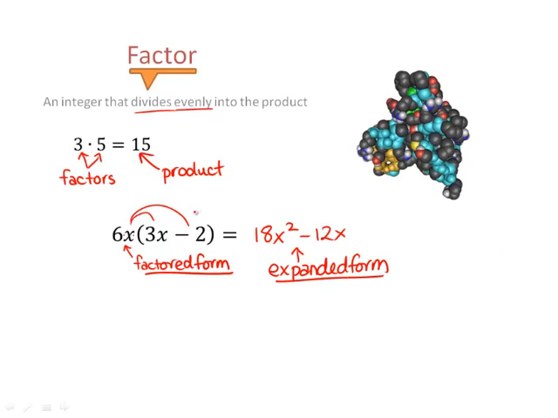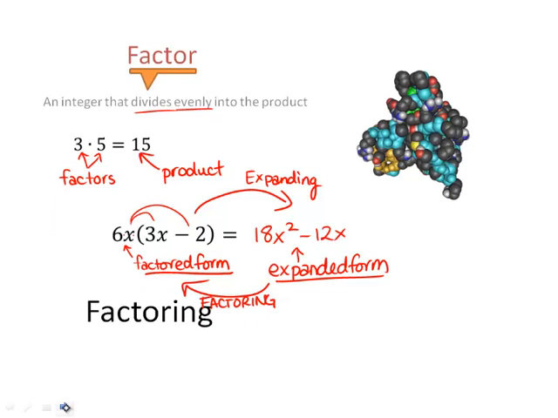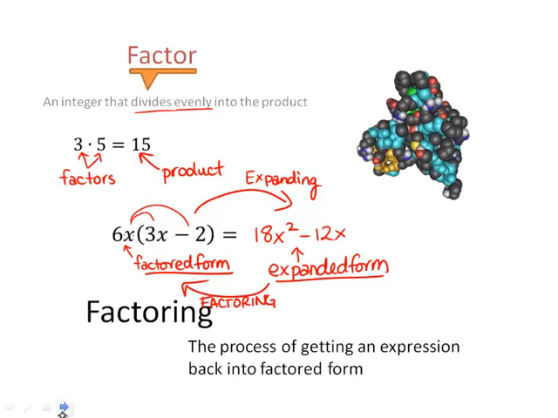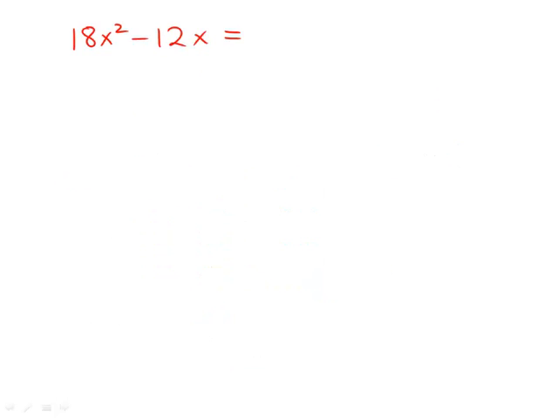Up until now, we have been expanding expressions, and in this whole unit we're going to be factoring. Factoring is the process of getting an expression back into factored form. So how do we go back into factored form?